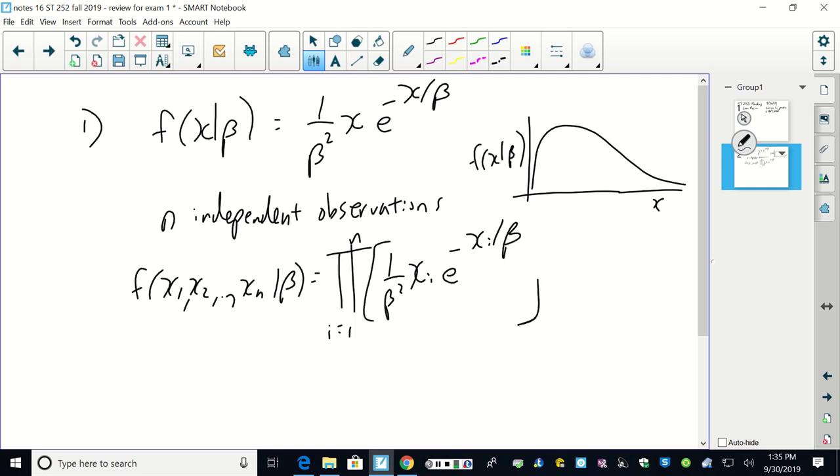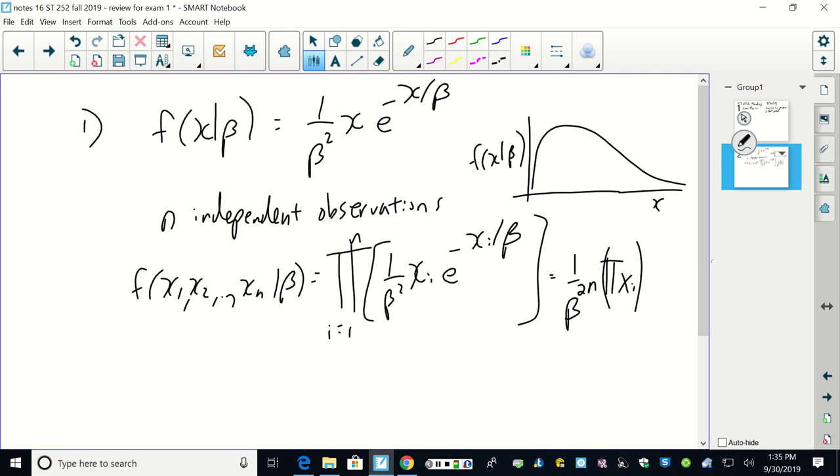So all that's multiplied together, and then we can combine. Since there's 1 over beta squared, there's going to be 1 over beta to the 2n. There's xi multiplied together, so x1 times x2 times x3. So that'll be a product of the xi's.